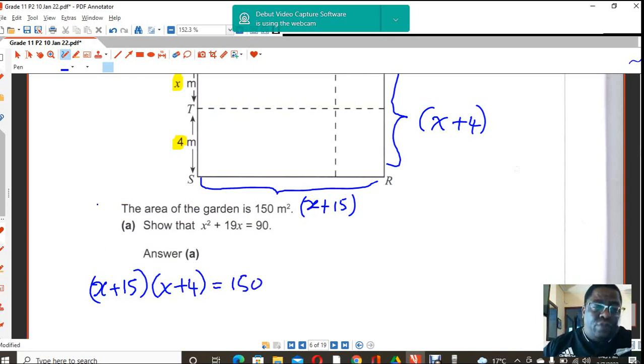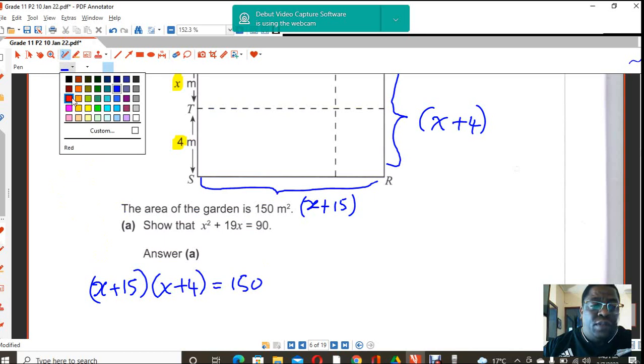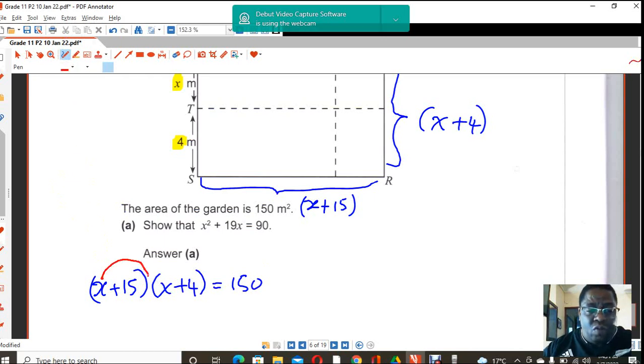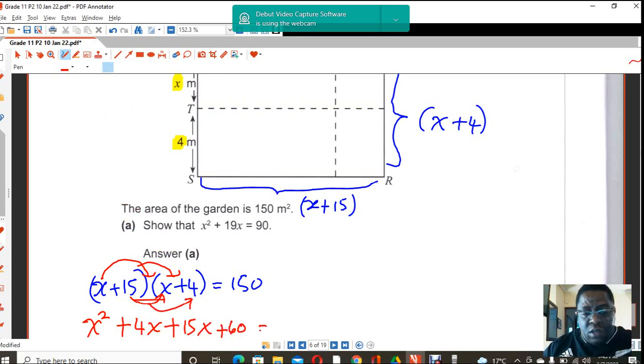Okay, right. So now you can actually multiply over. So that's going to be x squared plus 4x, these two here at the bottom, they'll give you plus 15x, and this gives you plus 60. Well, that's equal to 150.